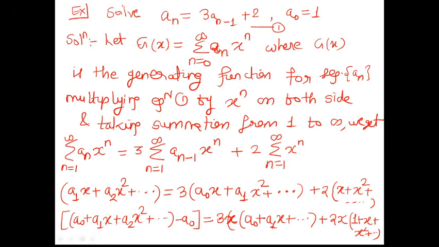What was our task? The task is to solve this equation, that is, to obtain a n. Here you have to see the lowest augmented term. The lowest augmented term is n minus 1, so to make it 0, n should be 1. This is the reason why the summation starts from n equal to 1 to infinity. Then apply the sum. After this, make sure you have terms of the form a0 plus a1x plus a2x squared like that, so accordingly you have to add or subtract the required term, or take the common term.